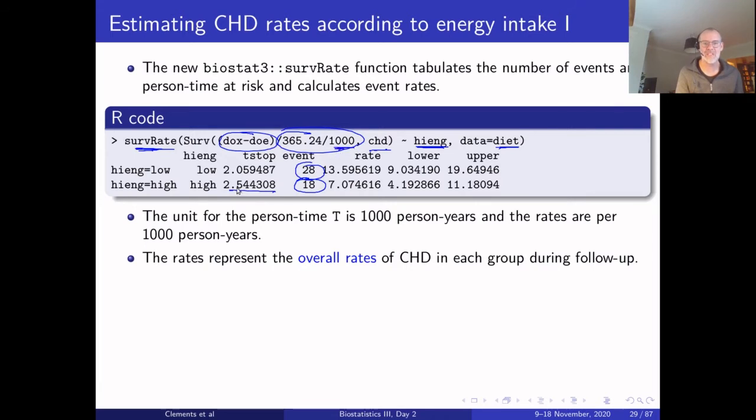So this is actually 2,544 person years. We get rates of 13.6 in the low energy and 7.1 in the high energy, and then we get confidence intervals. Don't forget, these are the overall rates of CHD, which are not adjusted for any potential confounders.